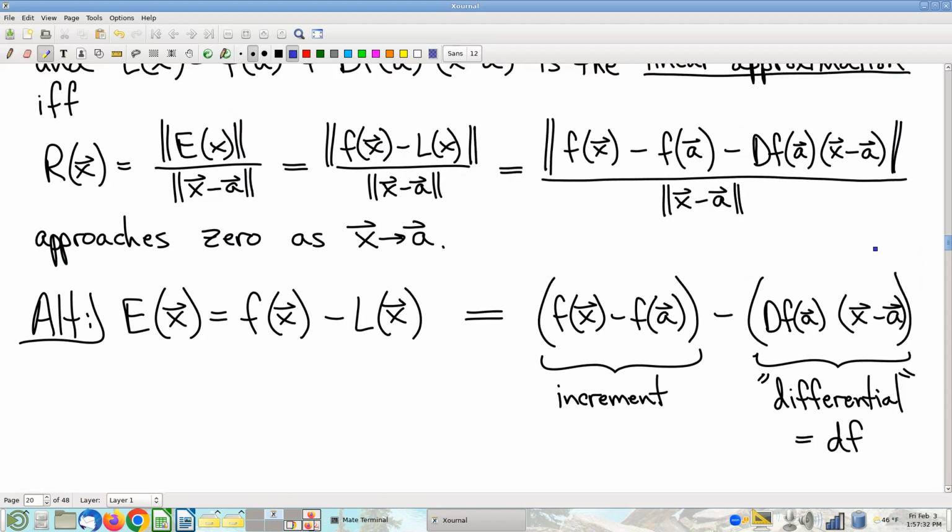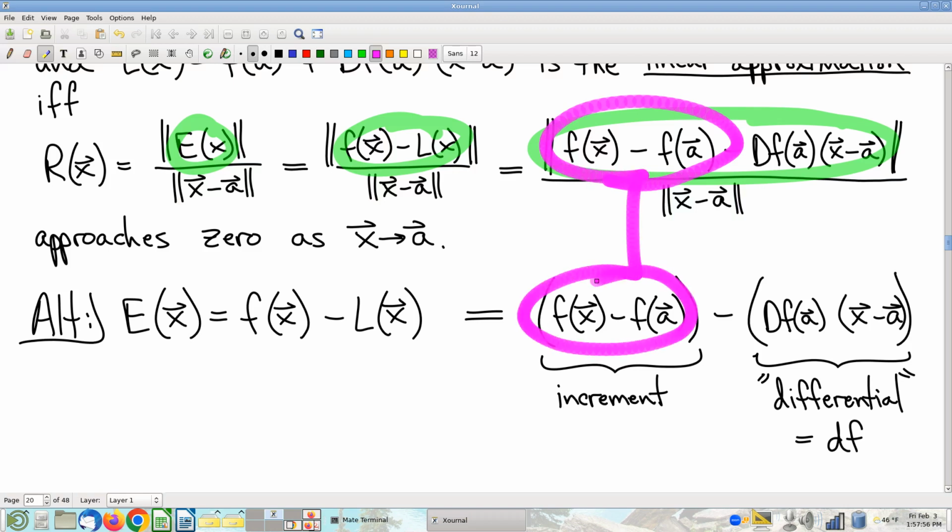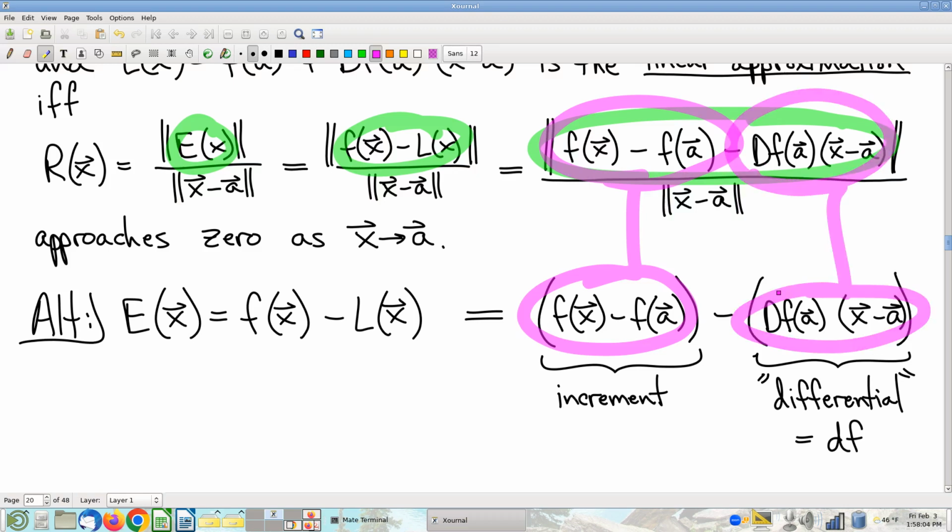So now real quick, I'm also going to point out a little bit of terminology. If you look at our error here, we previously thought of that as actual value of the function minus estimated value of the function. But now instead, notice I can move the grouping around a little bit. I can rewrite that as actual change in the value of the function minus estimated change in the value of the function. And these are things that we will be talking about. So this is just an opportunity for me to introduce these words.